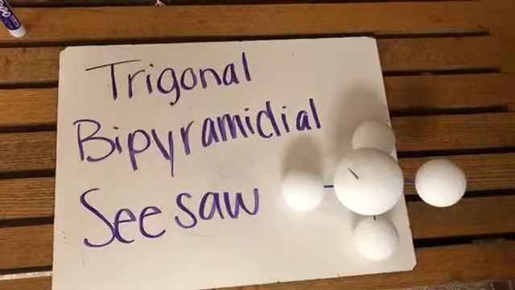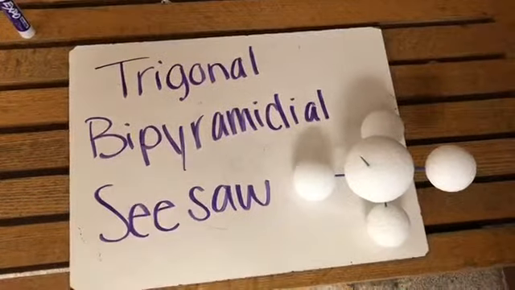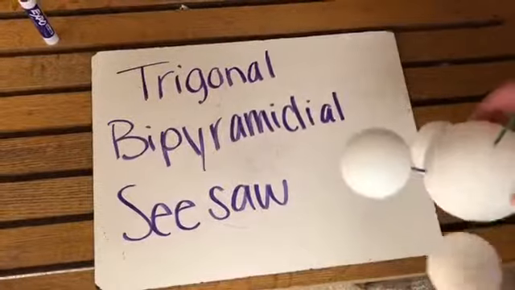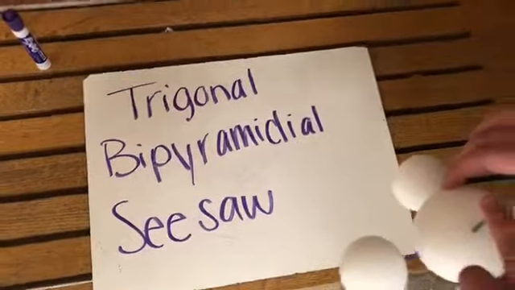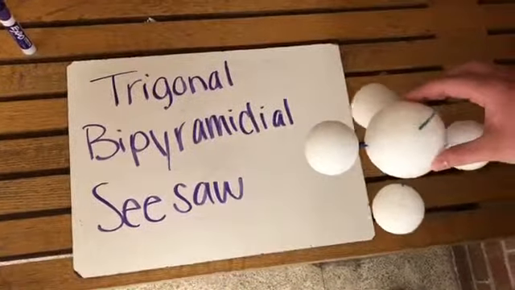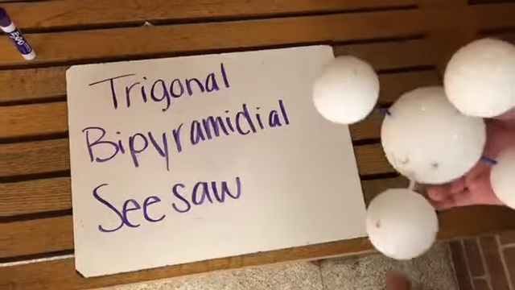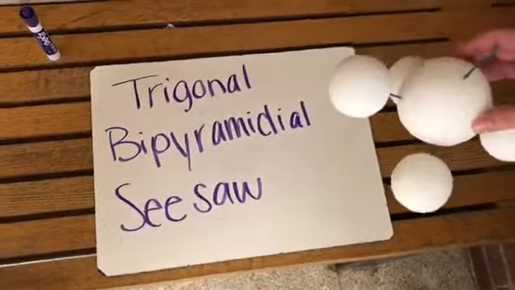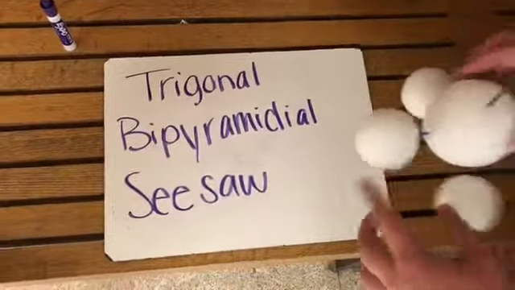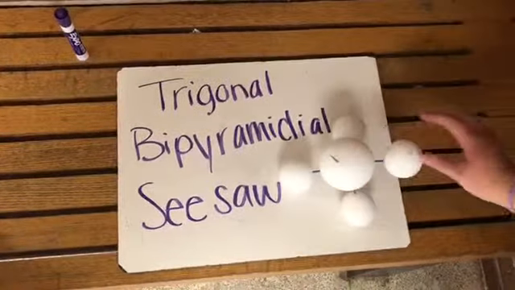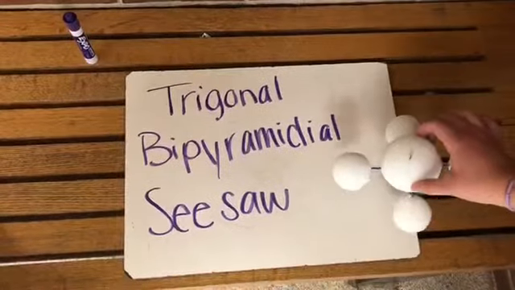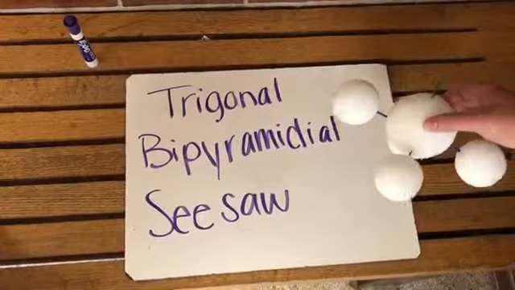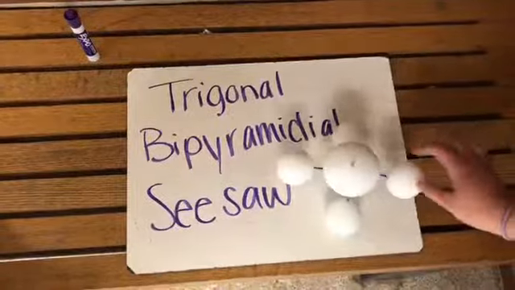Our next molecular shape is the trigonal bipyramidal seesaw. This shape has 4 bonded pairs and 1 non-bonded pair. The angle measurements are undetermined, so we don't know what they are. And the shape name comes from the seesaw look of the molecule and how it moves once you form it.